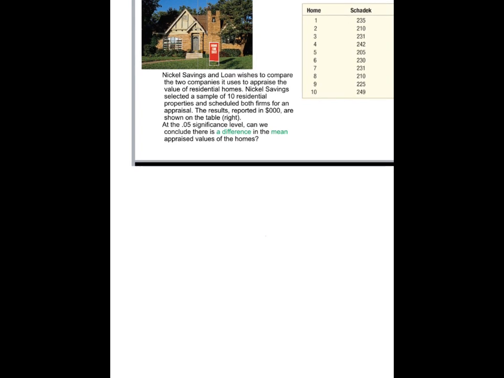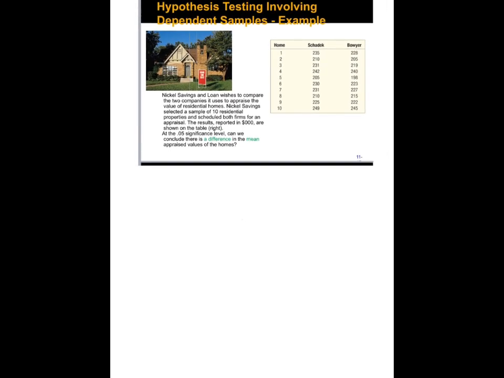Okay, so let's look at this question. It says Nichols Savings and Loan wishes to compare two companies it uses to appraise the value of residential homes. Nichols Savings selected 10 residential properties and scheduled both firms for an appraisal. The results are reported in thousands of dollars. We don't really have to worry about that. And our question, at the 5% level, can we conclude that there is a difference in the mean appraised value of the homes?